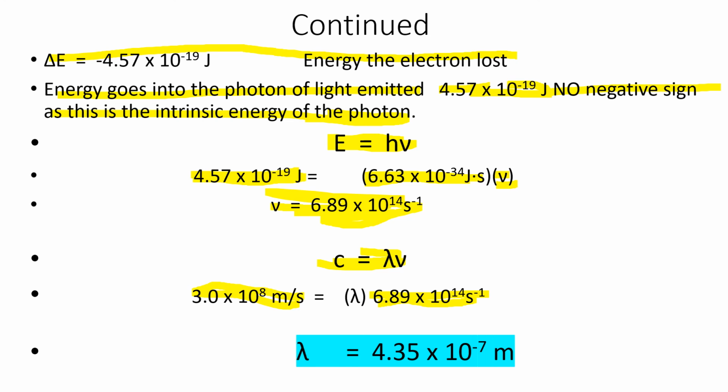Well, the only thing we have left is the wavelength. So in order to solve for the wavelength, we would have to divide both sides by 6.89 times 10 to the 14 in order to isolate the wavelength. When you would do that, the wavelength would come out to be 4.35 times 10 to the minus 7 meters.